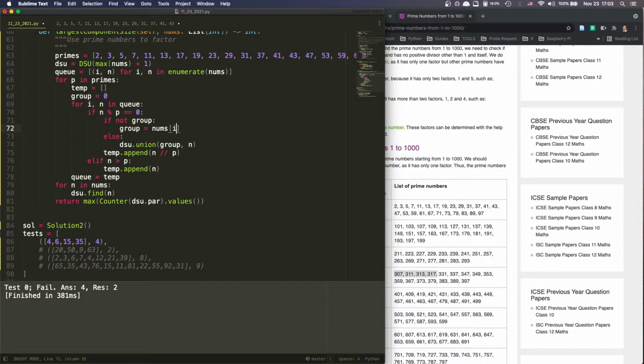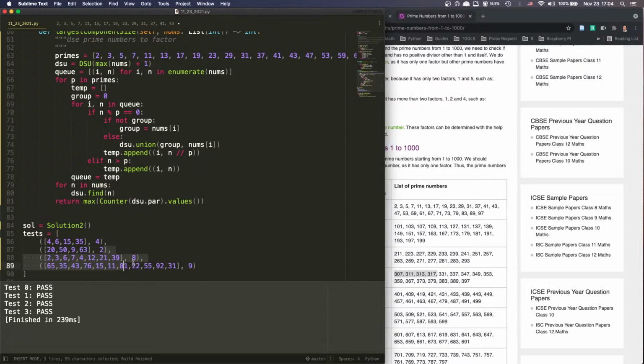That's going to equal to nums I. Otherwise, and group nums I. And we're going to append, same thing. We're going to append I and n divided. Otherwise, we're going to append in. Right? And do this, blah, blah, blah. Once we're done, we'll check out. There we go. This one will pass. So we have index. They all pass.